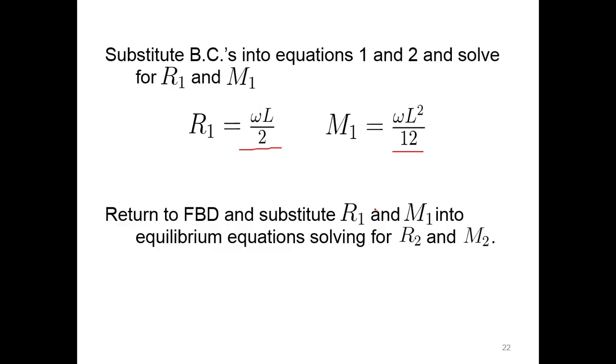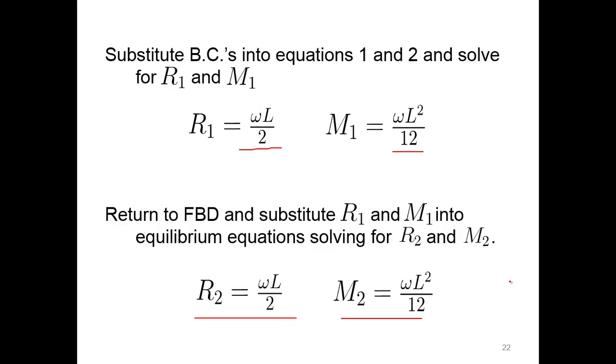If we go back to the free body diagram and substitute in the reaction force and the moment at node 1, using the equilibrium equations, the sum of the forces in the y direction and the sum of the moments, we come up with these values.